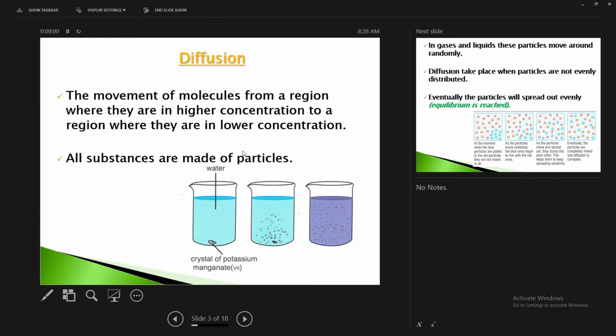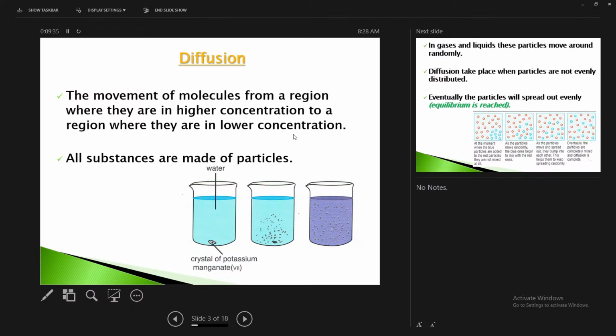Before we look at the image, there are some terms that we need to know the definitions of. This term, higher concentration, basically means that the substance will be moving from a place where there's a lot of that particular substance to a region where they are in lower concentration. It means to an area where there is a small amount.